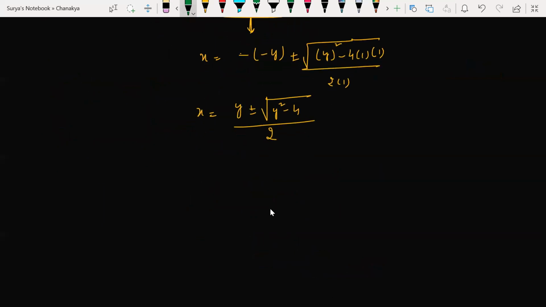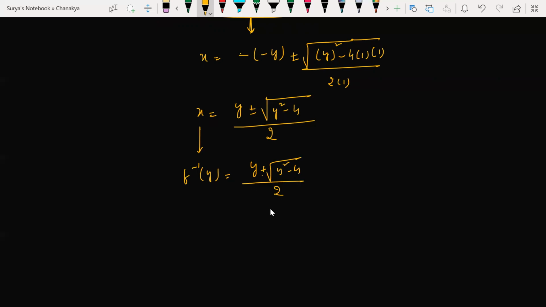So what is f inverse of y now? f inverse of y is equal to y plus or minus square root of y squared minus 4, divided by 2. Right.